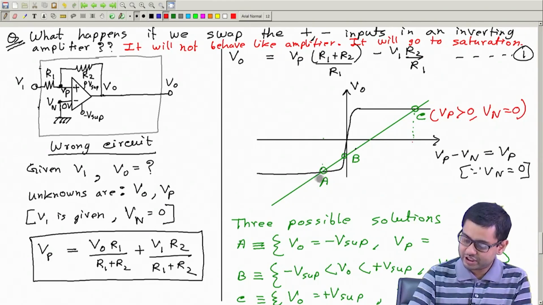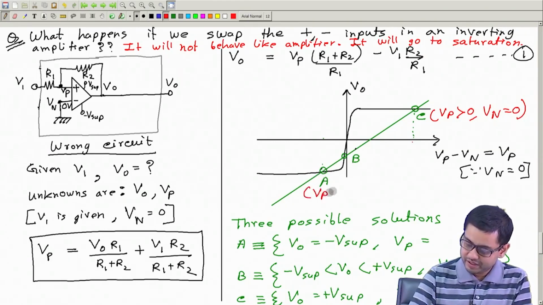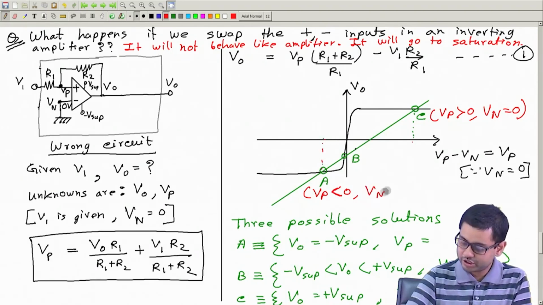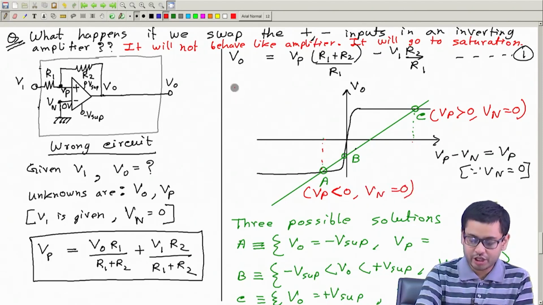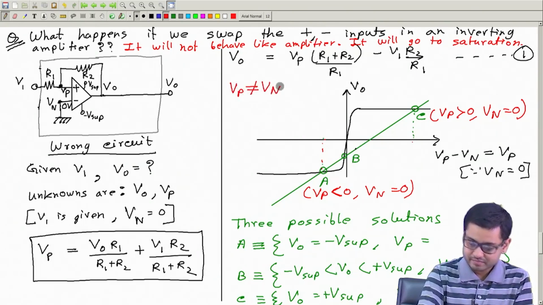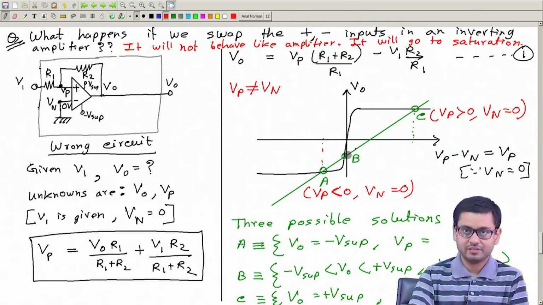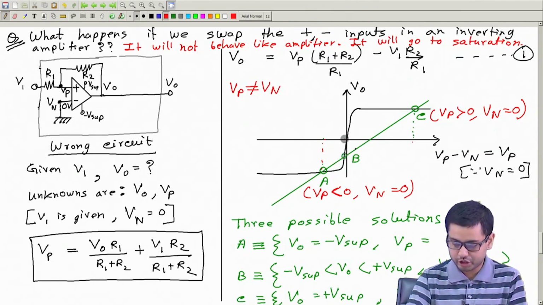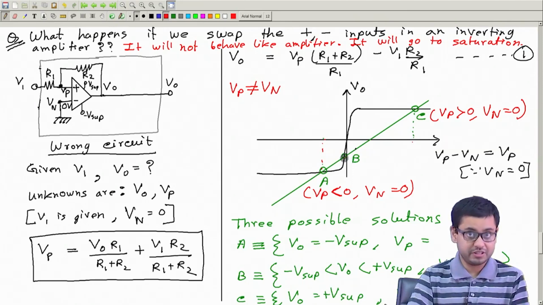Similarly, if I land up at this point, I will have Vp less than 0, but Vn equal to 0. So Vp is not equal to Vn unless at this point. Yes, at this point Vp is also 0, but this is not a stable point. This is not a point that we are likely to have.